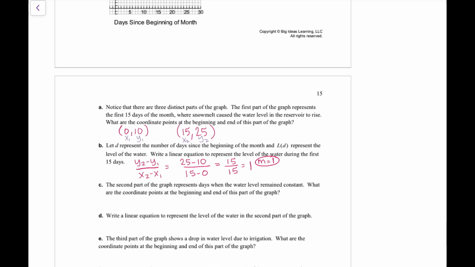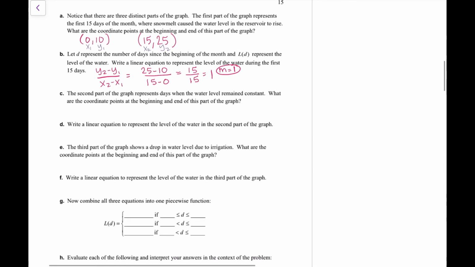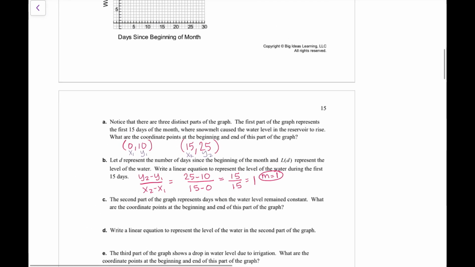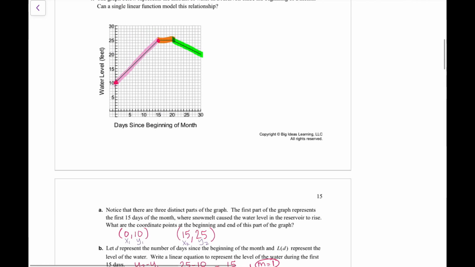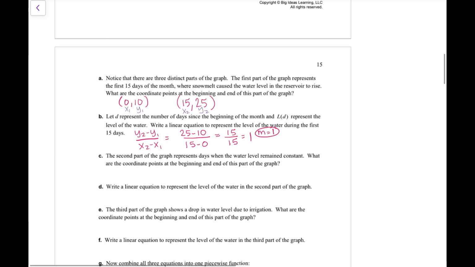From this point, we can look on our graph to find our y-intercept. Our y-intercept on this graph is 10, so it's crossing at 10. So I have y equals mx plus b.